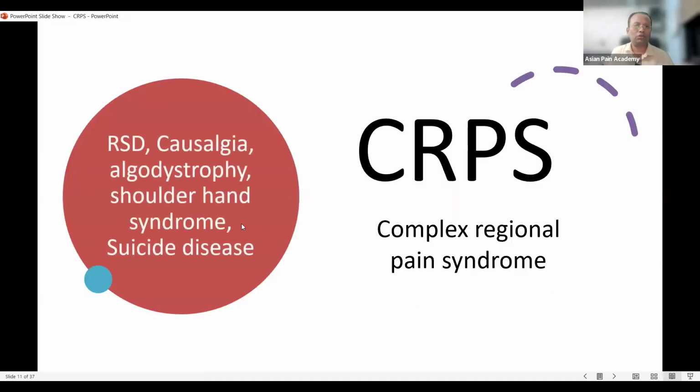As I told you earlier, when the patient used to go to the doctor, there were so many diagnoses: RSD, causalgia, algodystrophy, shoulder-hand syndrome, Sudeck's disease. There are many other names, I have not mentioned all of them. These are all descriptions of the same disease.